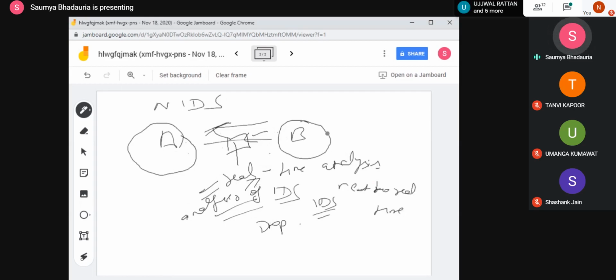Now, in case of NIDS, there is a concept of active sensors and passive sensors, which are distributed across the network, and both of these sensors collaboratively collect the data and help to classify any attack as an intrusion with the help of NIDS.